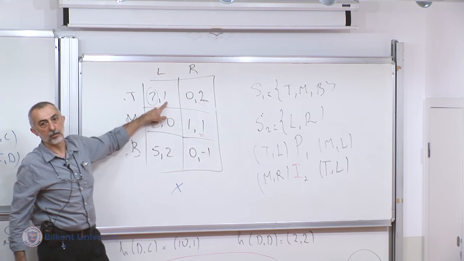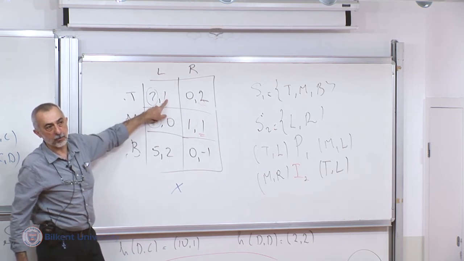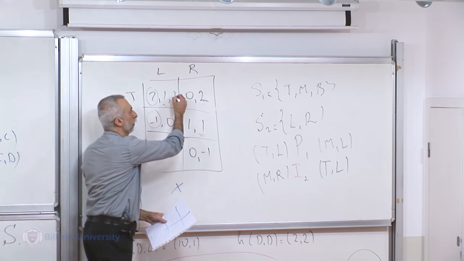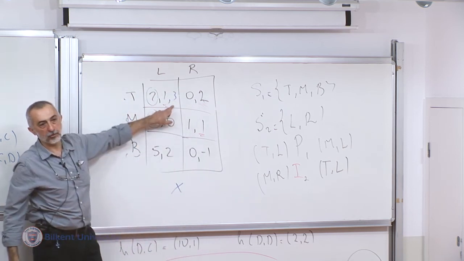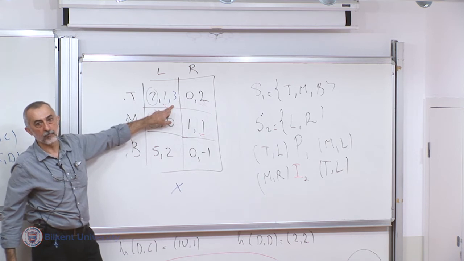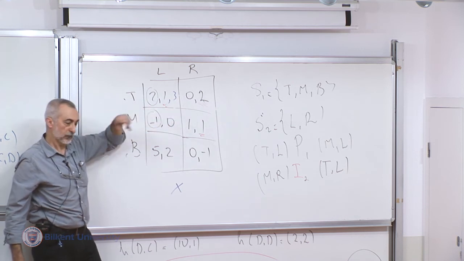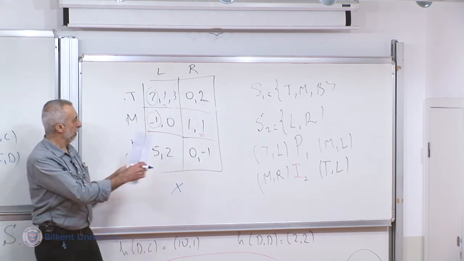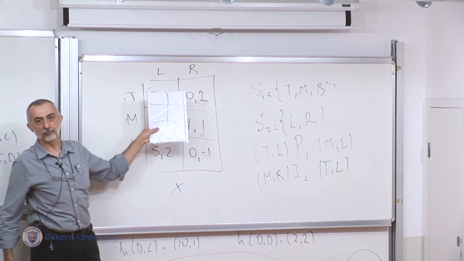The second one, numbers assigned by the numeric representation of player 2. And then the third one, numbers assigned by the numeric representation of player 3. Of course, you can't draw it like this.